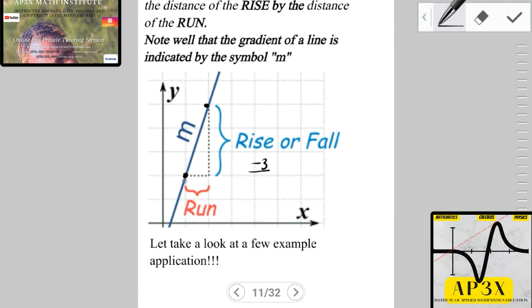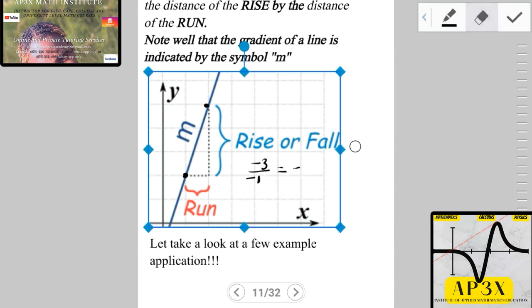I'm only running 1 unit, so that's 1. So for this particular line here, the slope is going to be -3, and pardon me, this is actually -1 because I'm going in the left direction. So my slope of this line here is a +3.